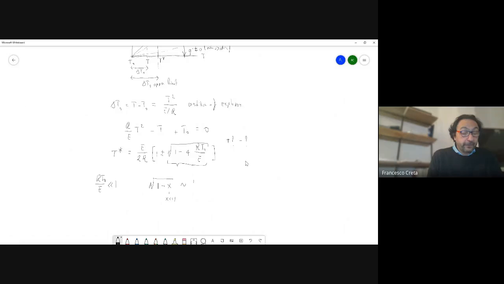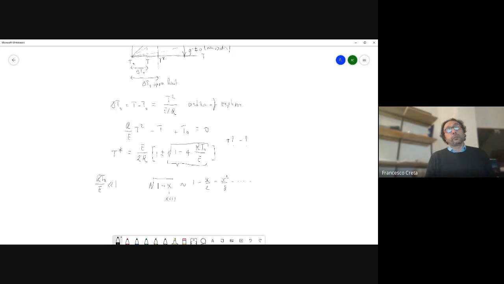And you have something like 1 minus x divided by 2, no, this is not x squared, this is x linear. And this is cubed. So minus x squared divided by 8, okay, and so on.